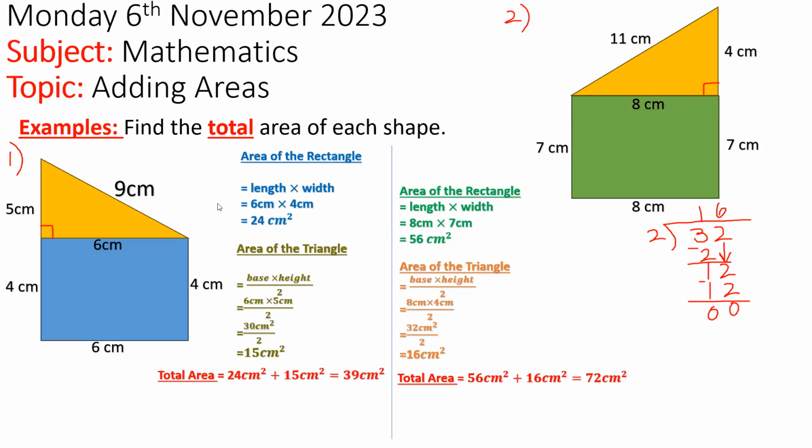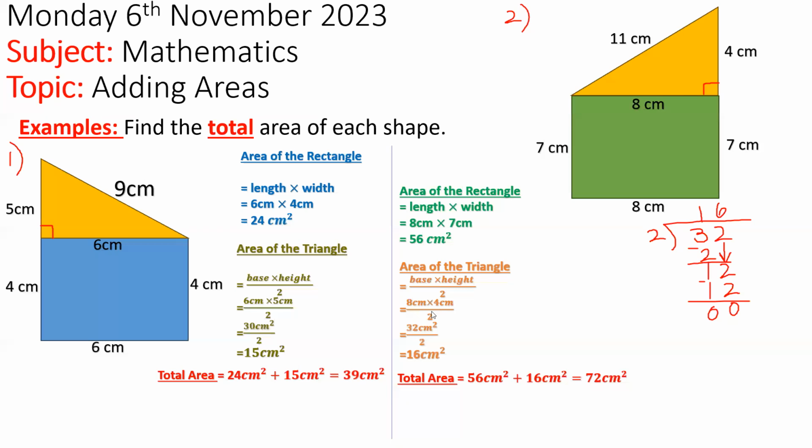First you define the area of the rectangle. Say 8 times 7 is 56. And define the area of the triangle. Say 8 times 4.